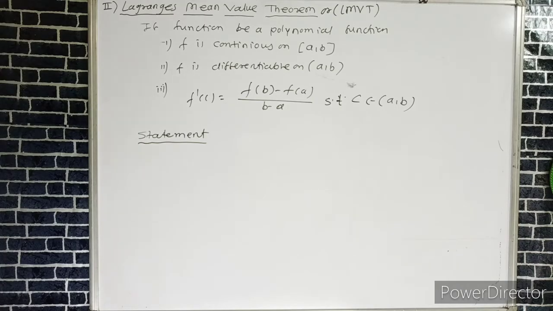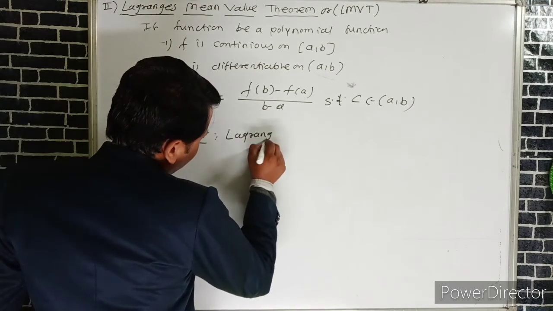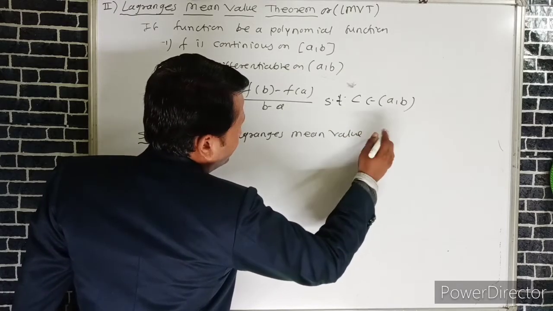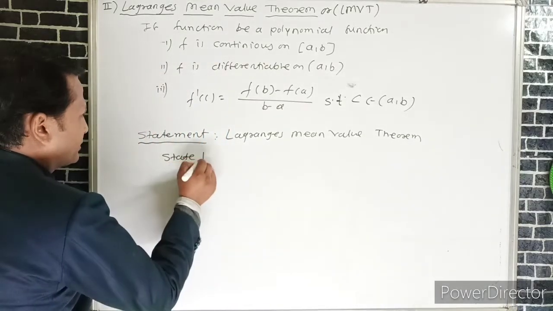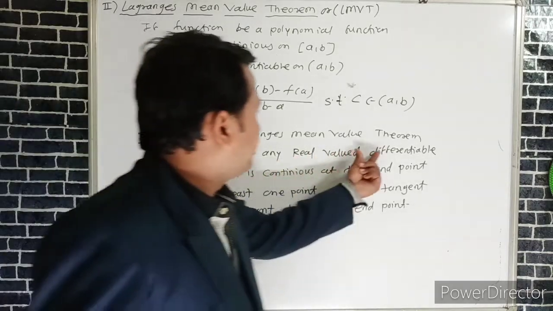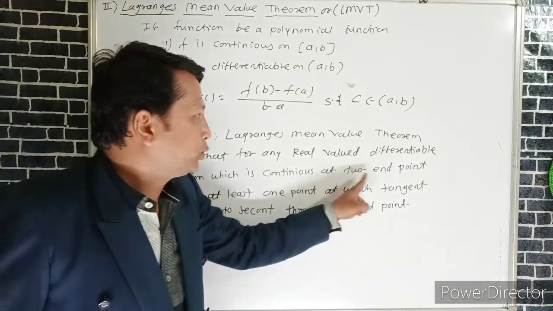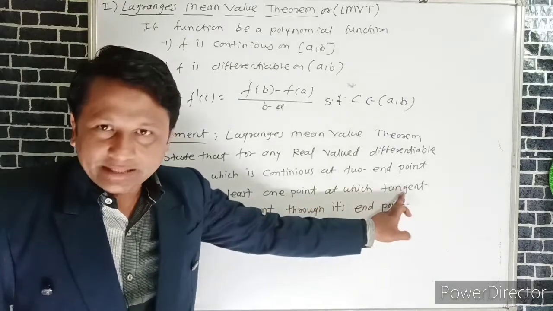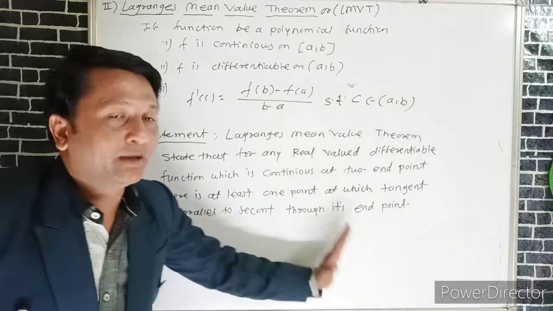So the statement of Lagrange's mean value theorem: Lagrange's mean value theorem states that for any real-valued differentiable function which is continuous on the closed interval, there is at least one point at which the tangent is parallel to the secant through its endpoints.